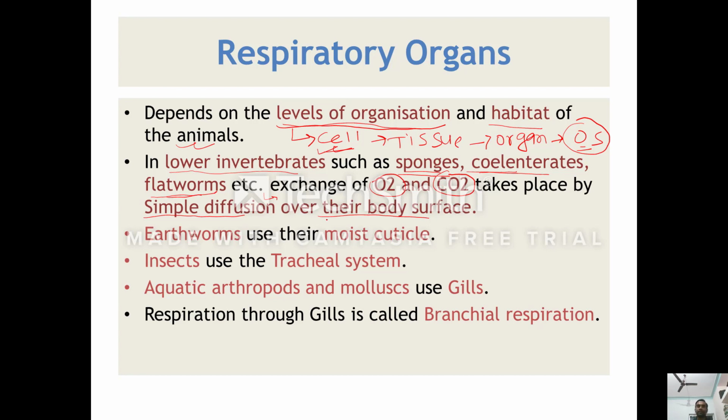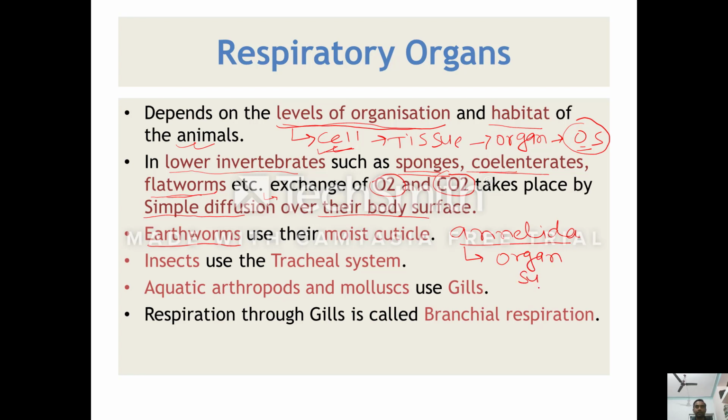But if we move towards the higher animals such as the earthworm, the earthworm belongs to the phylum called Annelida, and in Annelida the level of organization is organ system.